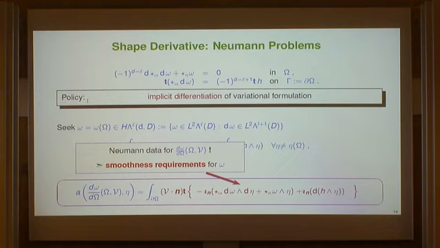If this extra smoothness is not there, then there is no shape derivative that you can characterize as a solution of such a variational problem. Then people have resorted to so-called ultra-weak formulations to give a meaning to the shape derivative, but I'm not going to address this here.